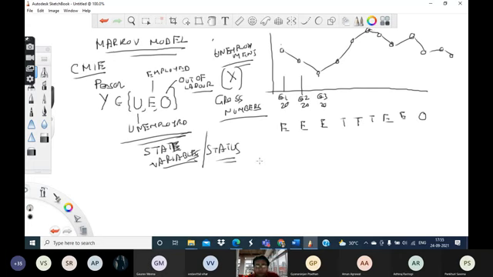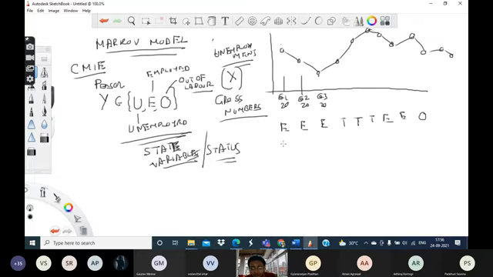As you can see, there is a sequence of these E and T variables, a sequence of the state variables at the different points. So this is one possible sequence.